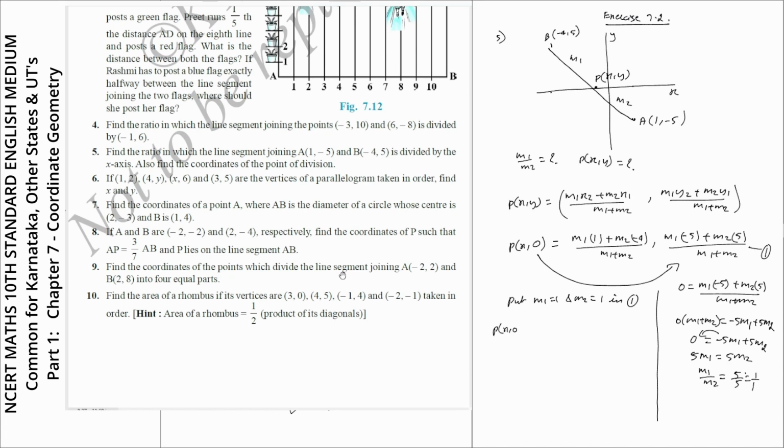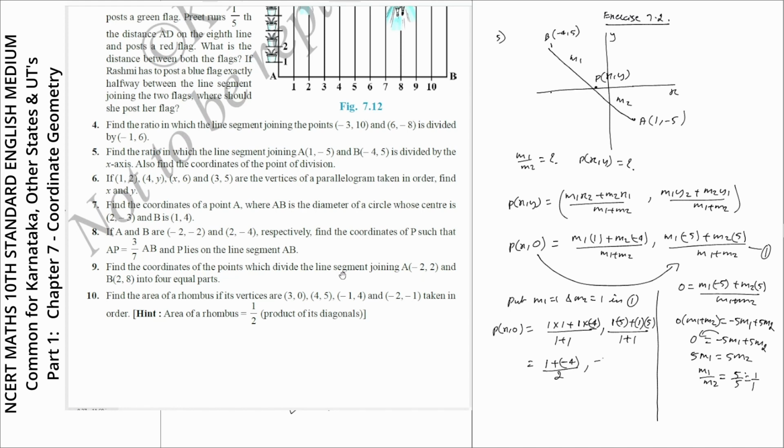P of x comma 0 is equal to m1 is 1, so 1 into 1 plus m2 is 1 into minus 4 divided by m1 plus m2, 1 plus 1, comma m1 is 1 into minus 5 plus m2 is 1 into 5 divided by 1 plus 1. So this is equal to 1 into 1 is 1 plus 1 into minus 4 is minus 4, so minus 4 by 2 here.